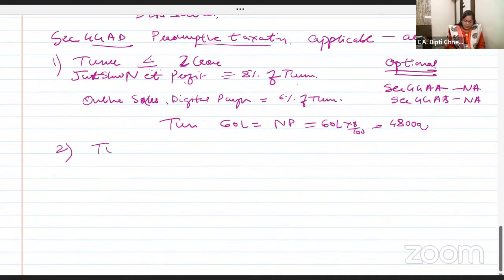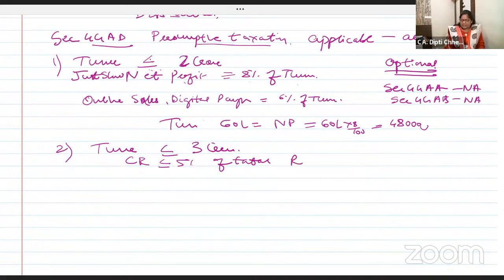Now, the turnover limit is up to 3 crore if your cash receipts are less than 5% of the total receipts. Whatever receipts are coming in your bank account, if cash receipts are less than 5%, it means all your turnover is digital.